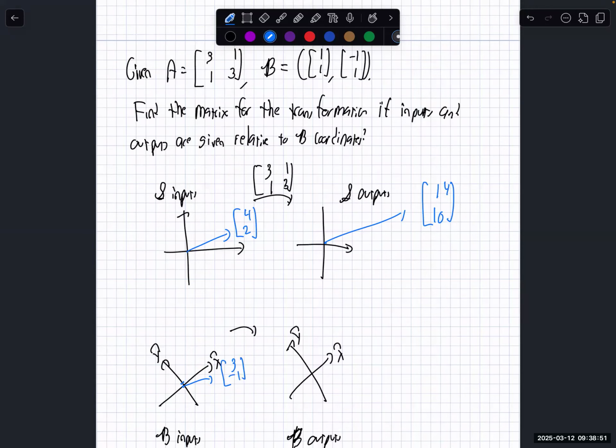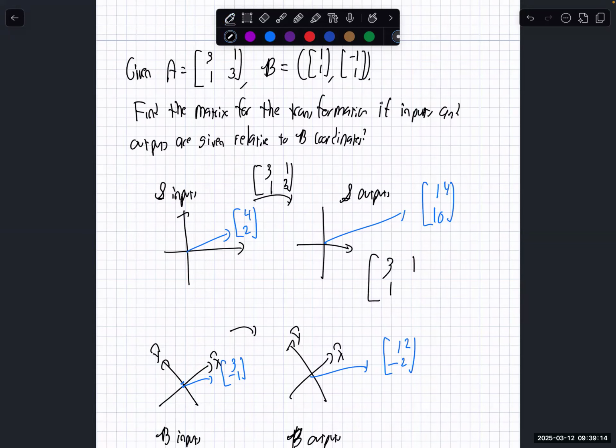It's the 3, -1 as the input. And then 14, 10 is going to be 12, -2 as an output. Okay, so same vector, just written relative to the different coordinate systems.